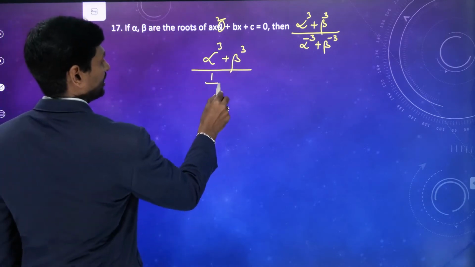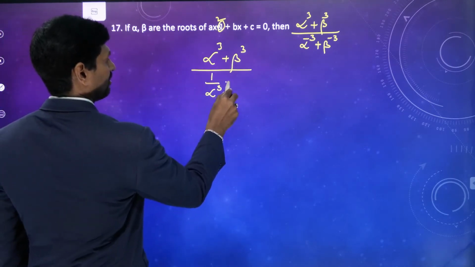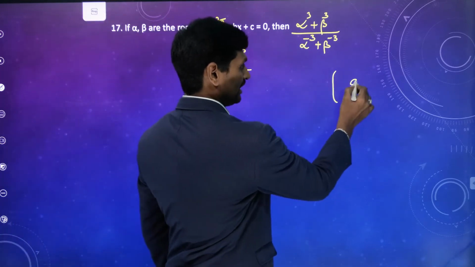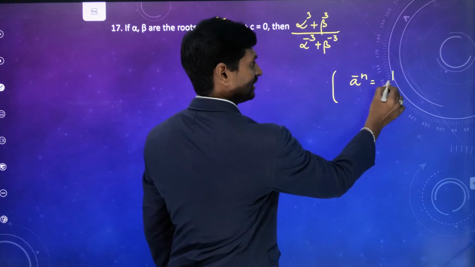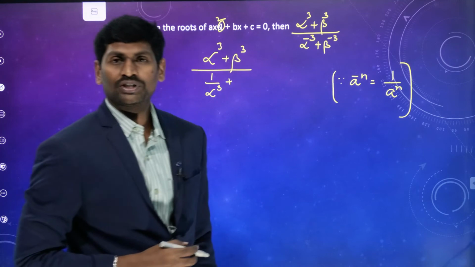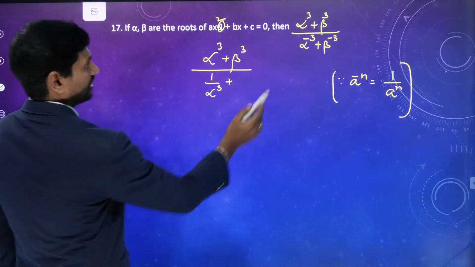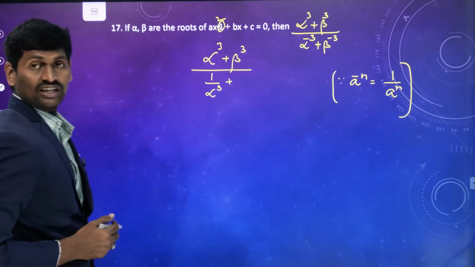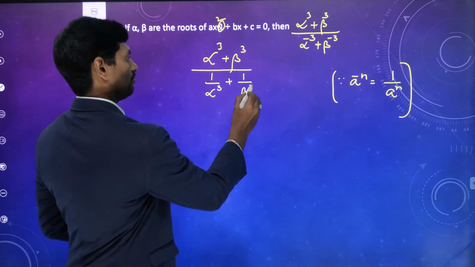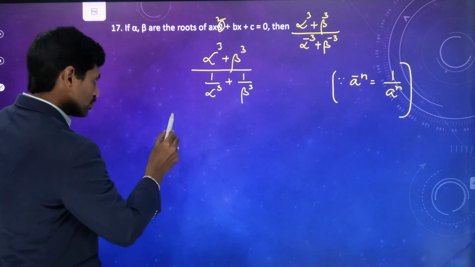So we can write this one as 1 by alpha cube. Like laws of exponents, a power minus n is nothing but 1 by a power n. From this formula, we can write this one. Alpha power minus 3 we can write as 1 by alpha cube, and this is 1 by beta cube. Now let us simplify the denominator.